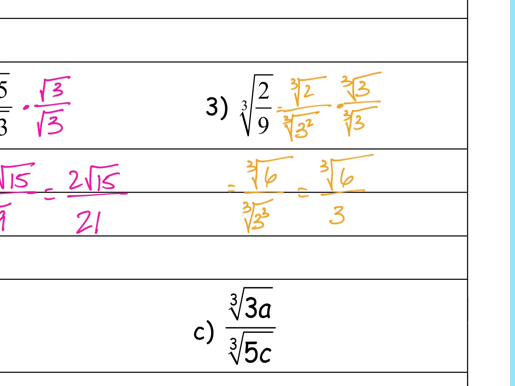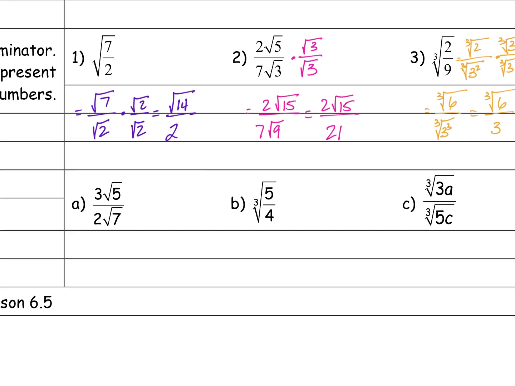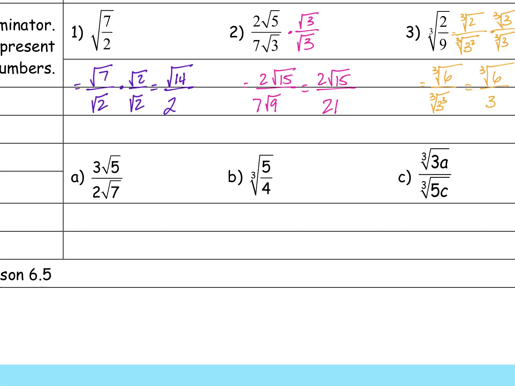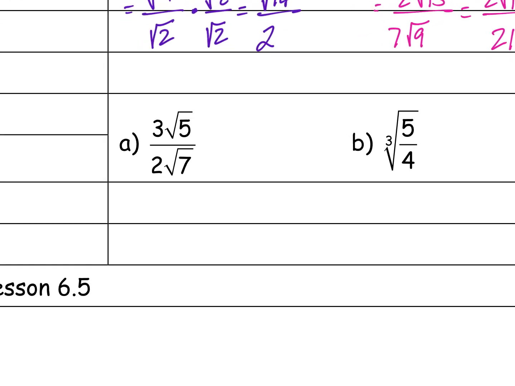So now you guys are going to try it, and I think that there's only 3 problems. Beautiful. Okay, go for it. So here we go. So for A, I'm going to multiply by square root of 7 over square root of 7, and we get 3 square root of 35 over 14.